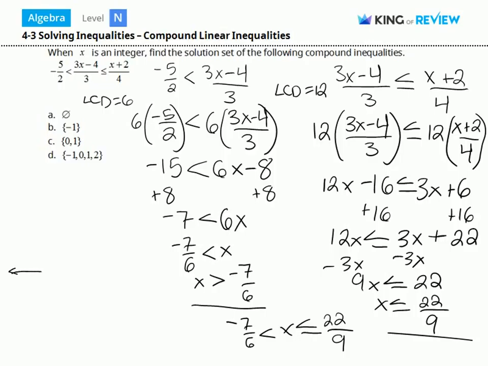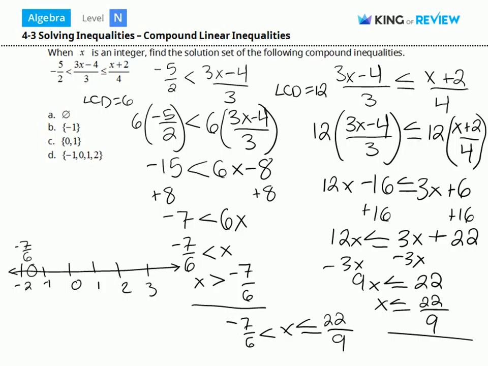If we have a number line here, here's negative 2, negative 1, 0, 1, 2, 3. So for negative 7 over 6, that's going to be in between the negative 1 and the negative 2. So we have an open circle here, somewhere in between negative 1 and negative 2. That's where negative 7 over 6 is.